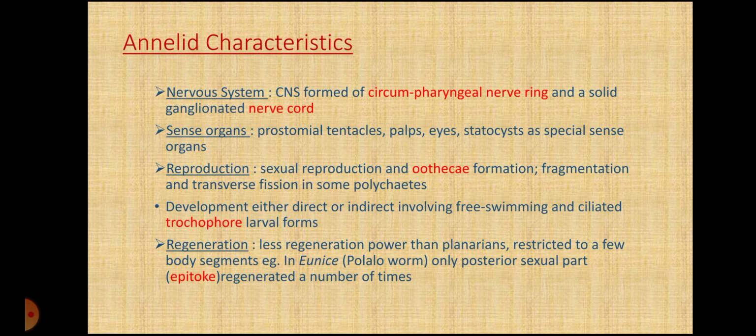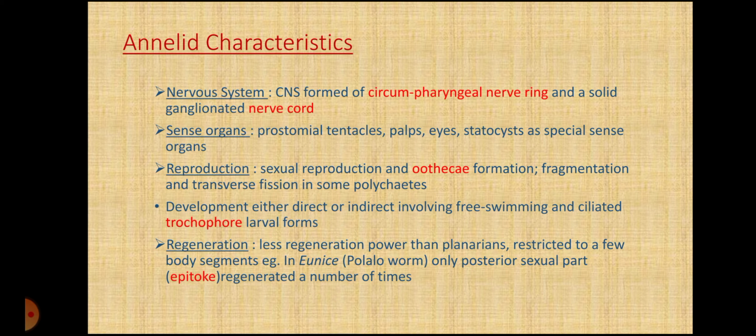In annelids, the sexes are either unisexual or dioecious, as in the polychaetes, or may be bisexual or monoecious or hermaphrodite, as in oligochaetes or the hirudines.